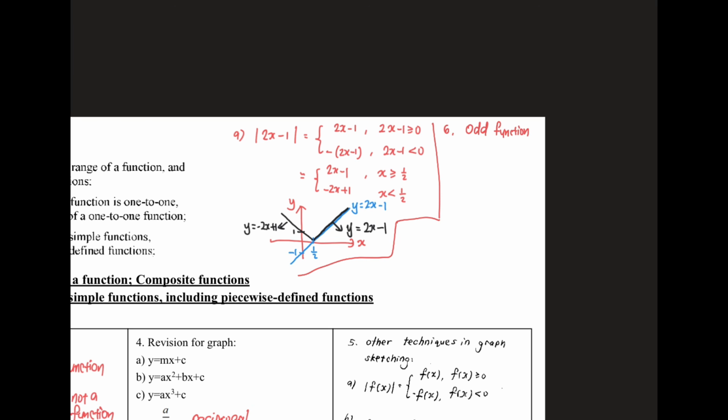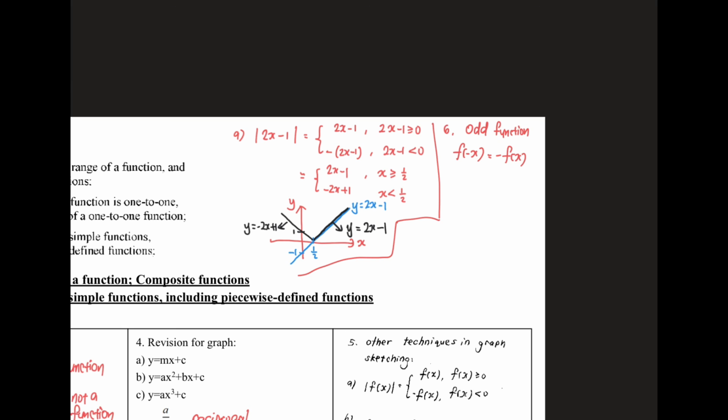So what is odd function? Odd function is where f negative x equal to negative fx. So that means if you change the object x to negative x, it ends up with the function becoming negative fx.